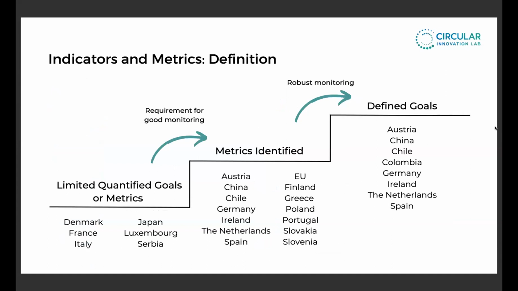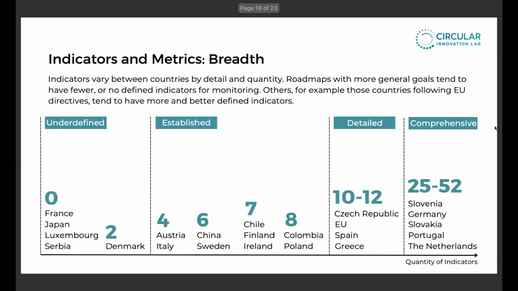But then there are ones that have metrics defined well, but also have robust monitoring, such as Austria, China, Chile, Colombia, Germany, Netherlands, and Spain. So we can see there is a complete breadth of change from one country to another in terms of their methodology and also the way they have defined their metrics.